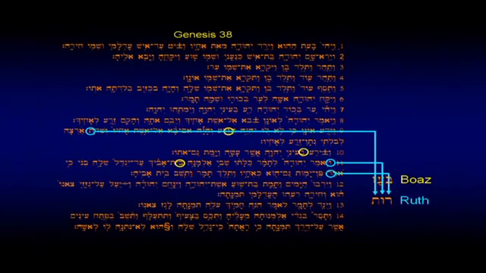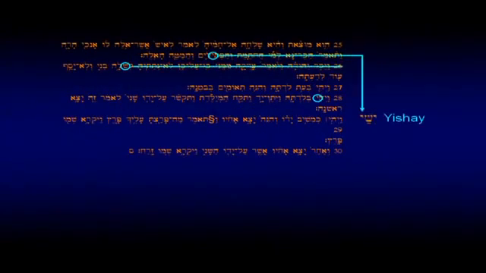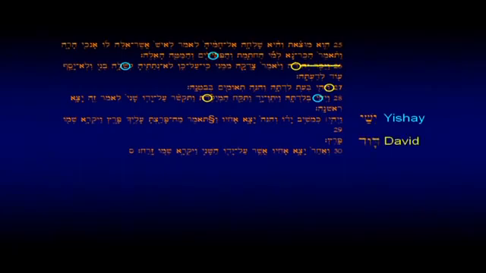What a coincidence, if you know the story, huh? You continue, you find another 3 letters that is the name Obed. And you keep going on this, you find another root called Yishay, which we would call Jesse. And you climax with a trio of letters, 49 letter intervals, that's David.